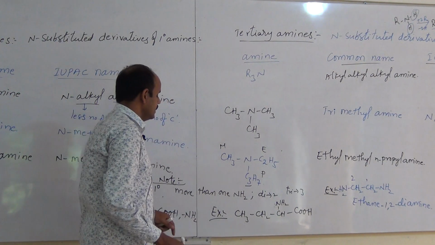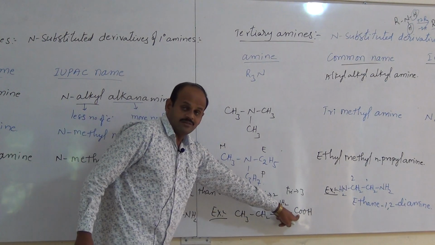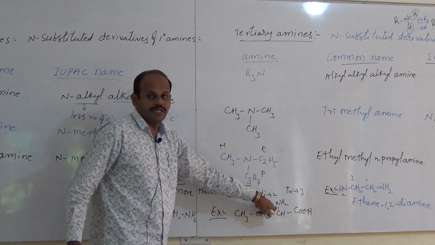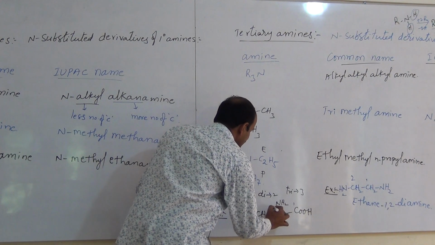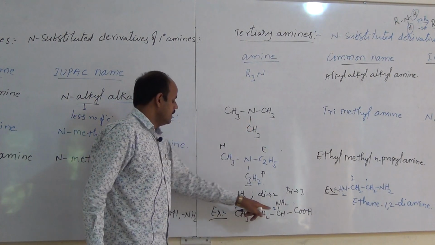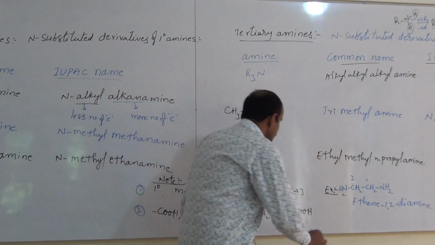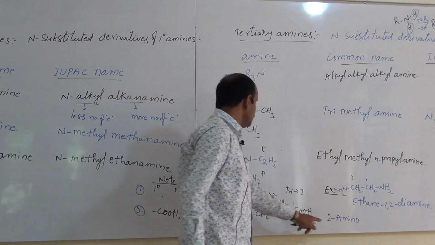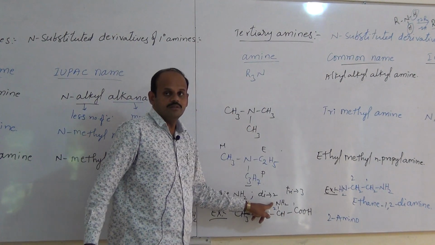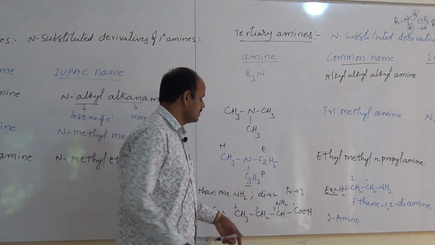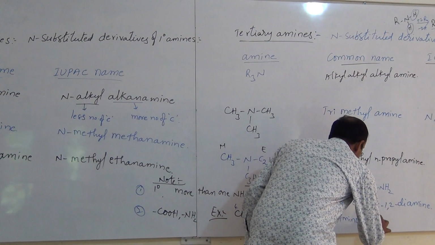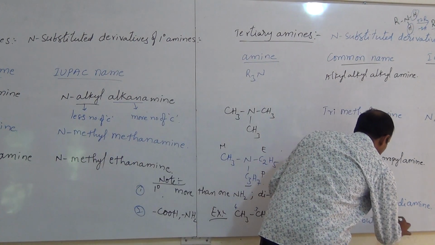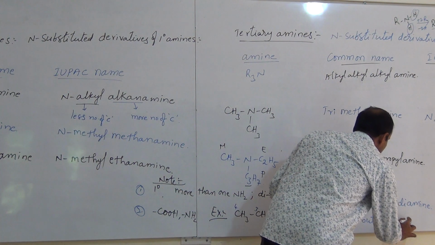COOH is the major functional group, so NH2 should be written as a substituent. This is the first carbon, second, third, fourth. On the second carbon is NH2, which should be written as amino. So the amino group is on the second carbon, hence 2-amino. For the parent name, four carbons, so but, single bonds only, so ane, and COOH is oic acid.